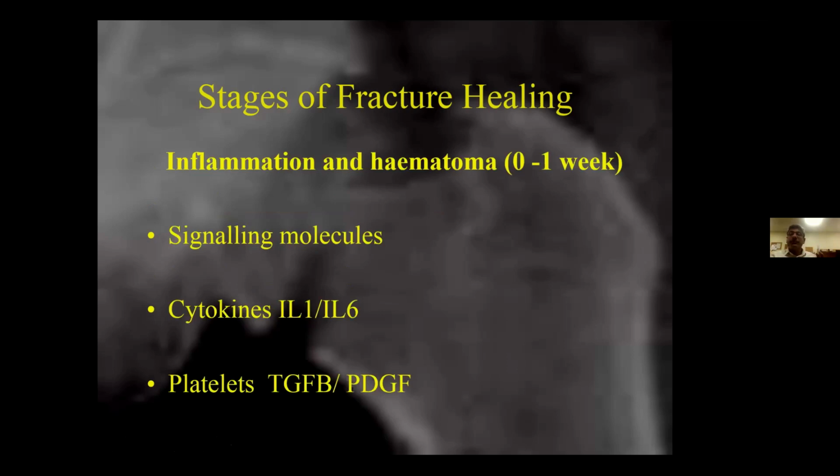So in the stages of fracture healing, in the inflammation and hematoma, that's the initial. From bang, your fracture happens, you get a clot, you get fibrin, platelets are responsible, all the cells come in, there are macrophages there, the WBCs come in, and that whole process where the cells are coming in takes from 0 to 1 week.